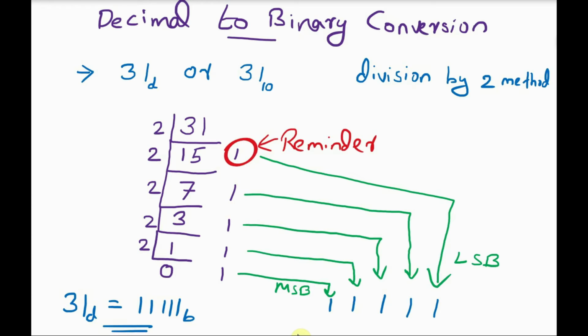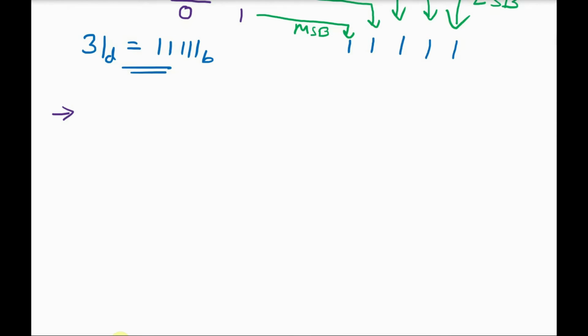We can see one more example. Consider 23.213 to the base D. That means it is a decimal number. We have to convert this to the binary number. So we want to find the corresponding binary number.